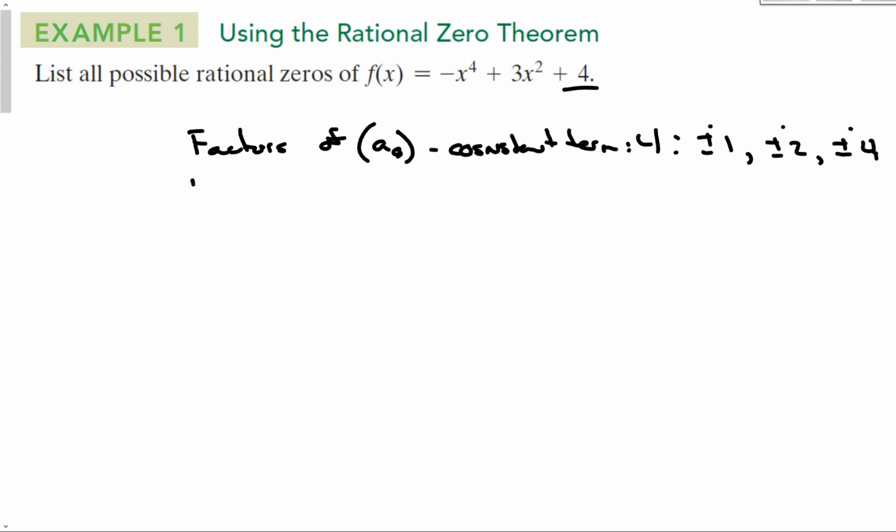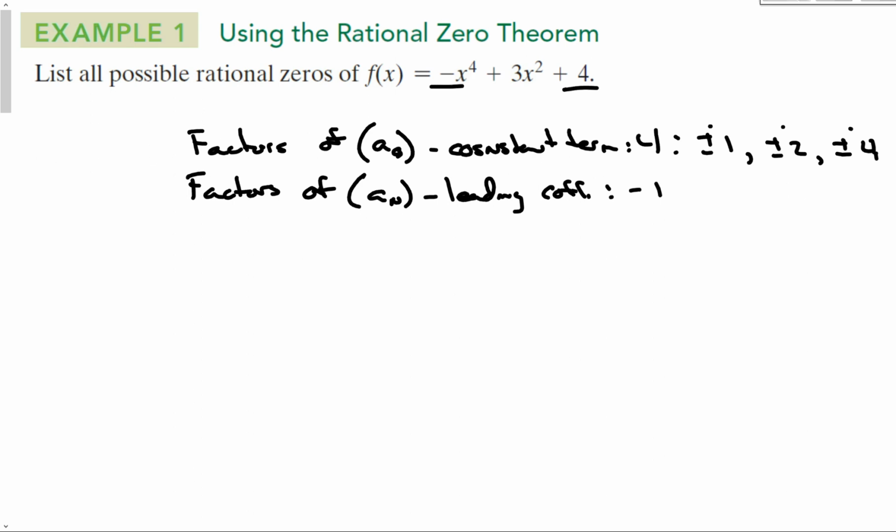Okay, next, the factors of a sub n, the leading coefficient, okay, which is -1, as you can see right there. Okay, so the factors of -1 are very easy, plus or minus 1.